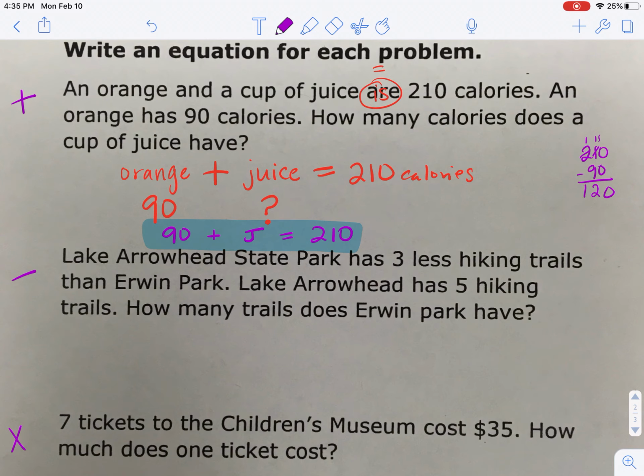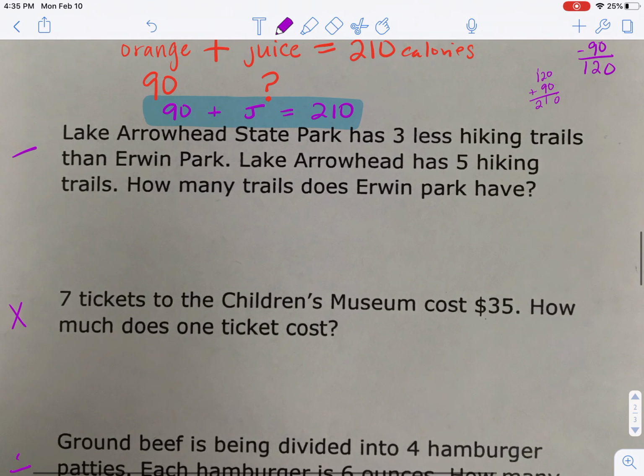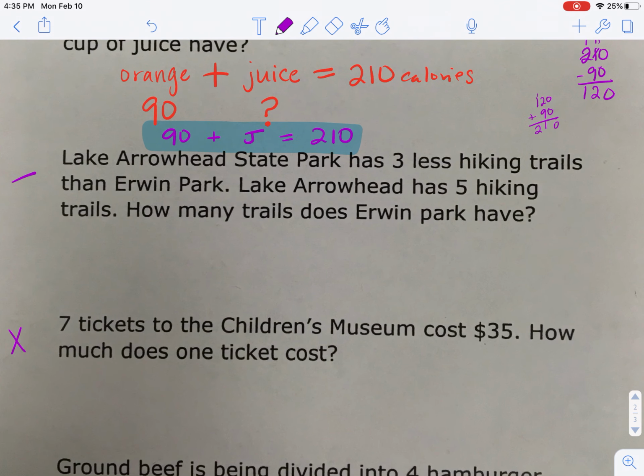So I think J is going to be 120. So 90 plus 120 would equal 210. 120 plus 90. It sure does. So that's how you could solve it, but we don't really have to for this. We're just writing the equation. But that's how you could figure out how many calories were in the juice.